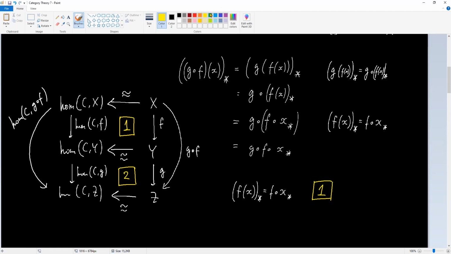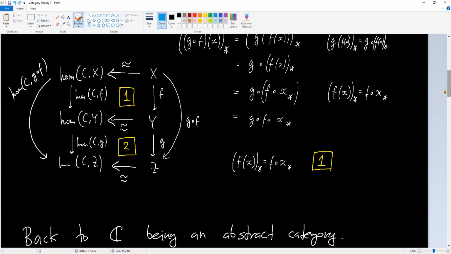We can say that the overall thing commutes. So this composite is equal to that composite, right? Because this composite breaks down into this, and the bottom part of that breaks down into that. So that's how we get the equality.